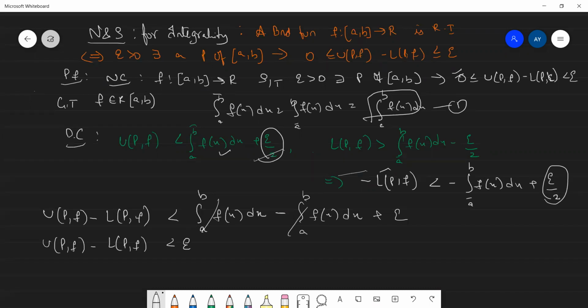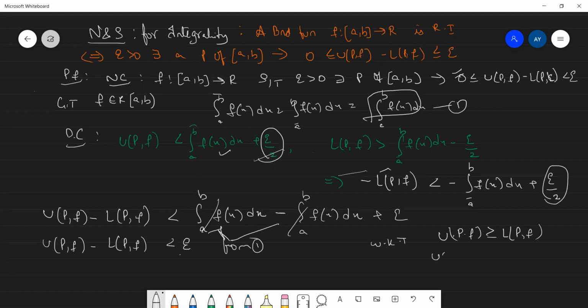From 1, what can we conclude? Like these two conditions we got from 1. If UPF minus LPF is less than epsilon, we know that UPF is greater than or equal to LPF.